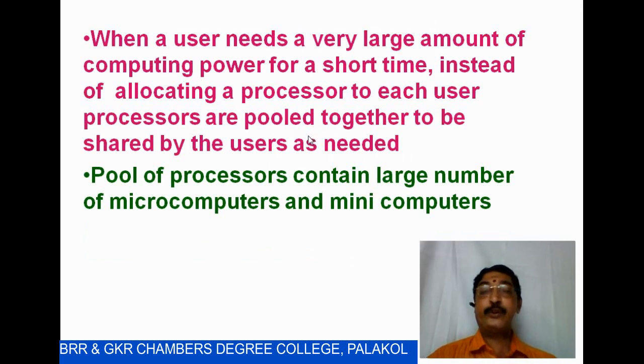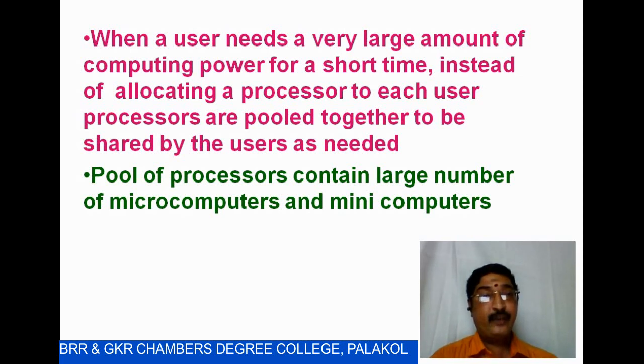This is most useful when the user requires a large amount of computing power for a short time. Instead of allotting a particular processor to each user, processors are pooled. Here, pooling means grouping a number of processors as a bunch.